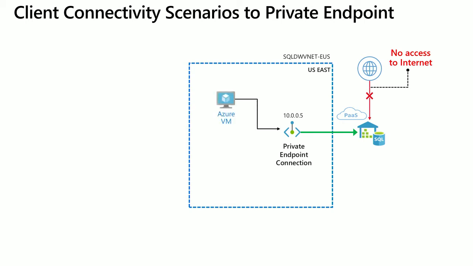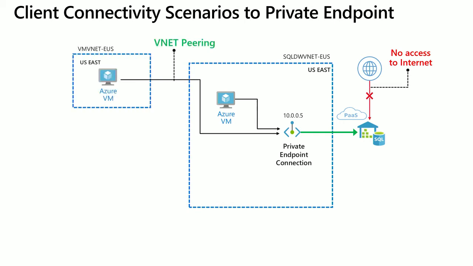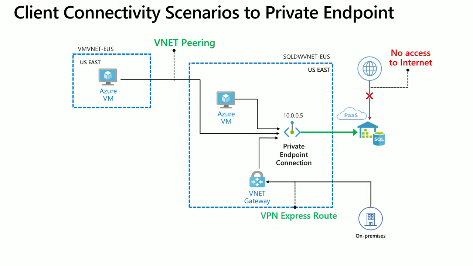I can connect virtual machines to that endpoint within the VNet. I can connect via VNet peering to another VM outside of that VNet. I can use a VNet gateway and a VPN or ExpressRoute to get data in from on-prem and still, again, connect into that endpoint.